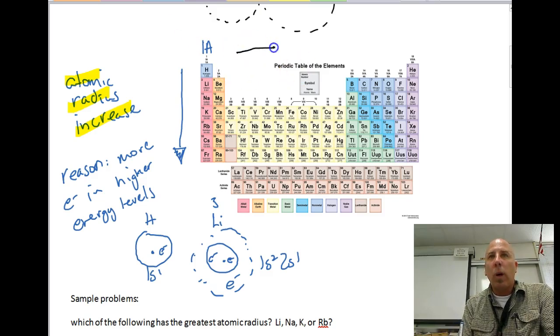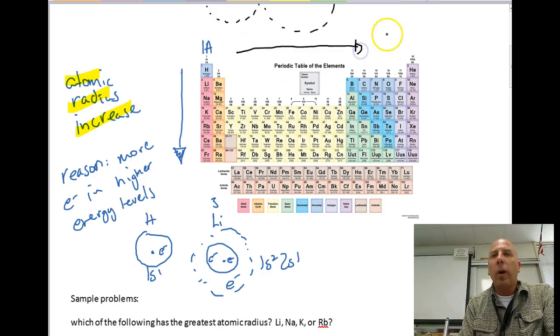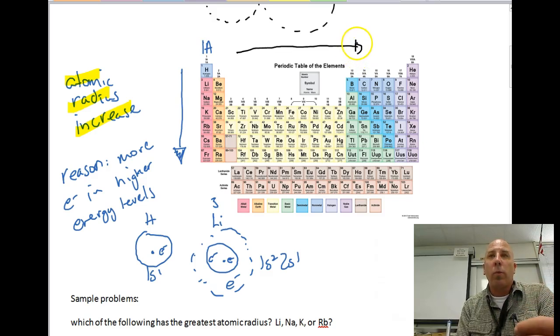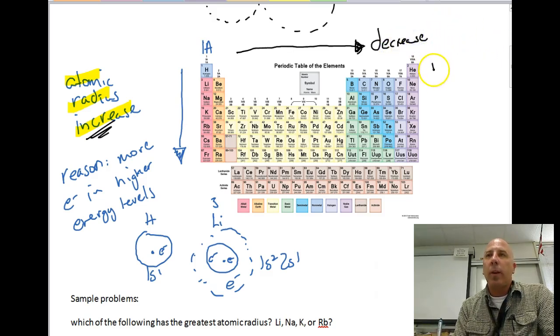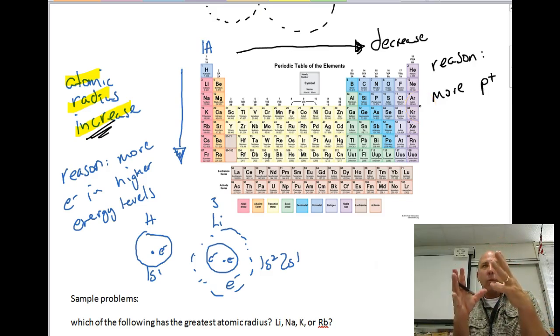Now, going across a period, the trends always reverse themselves. So whatever the trend is going down a group, going across a period, it's opposite. So if the trend going down is to increase, the trend going across is to decrease. And the reason for this is we have more protons, and those protons are positive, and we call it effective nuclear charge.